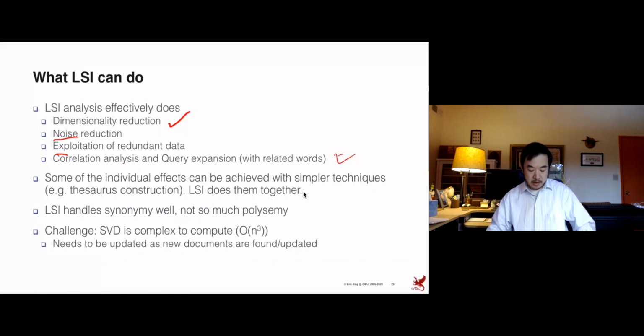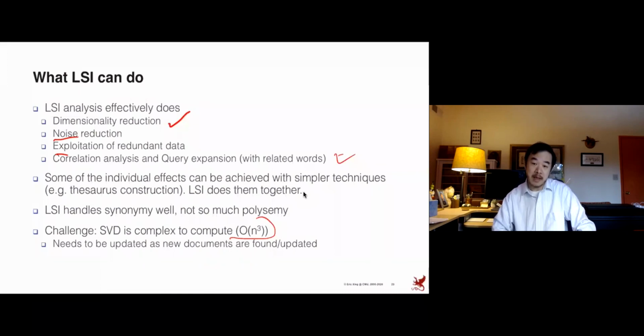Right. One of the challenges of SVD or PCA in general is the computational complexity. We need to do singular value decomposition, and we know that it is an n-squared operation, where n is the dimension of the matrix. So if you have a very big term-document matrix, that n can be very, very big, and that could lead to some computational challenge.